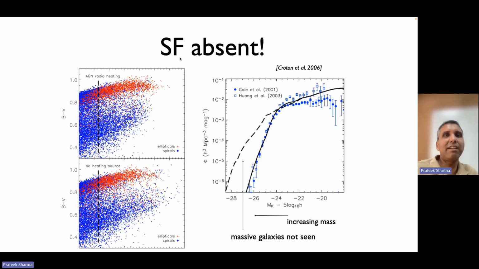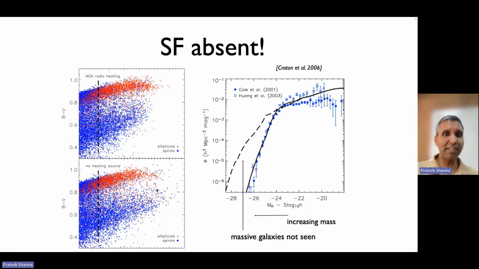This is yet another reflection of the cooling flow problem, but this time from galaxy formation semi-analytic models or simulations. These are some semi-analytic simulations which are trying to produce the abundance of galaxies. The x-axis is luminosity or the mass of a galaxy, the y-axis is the color. And these are tens of thousands or millions of galaxies in your semi-analytic galaxy formation simulation.